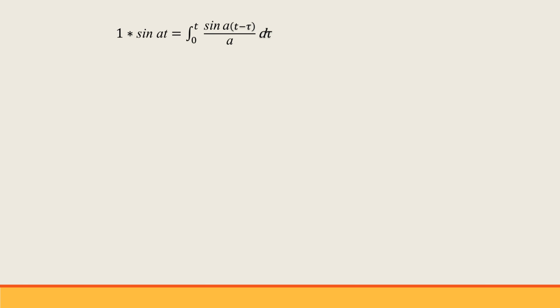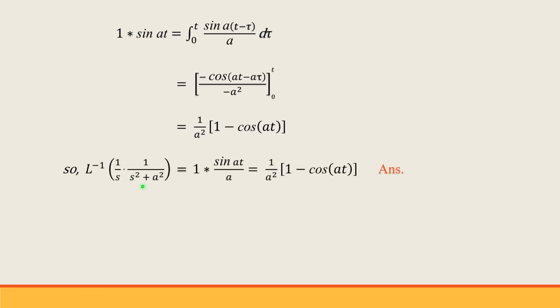Now, by solving this integral, we get the convolution of 1 and sin at as 1 by a square into (1 minus cos at), which is the Laplace inverse of 1 by s into (s square plus a square). So, in this way, we can also make use of convolution in finding the inverse Laplace transform.